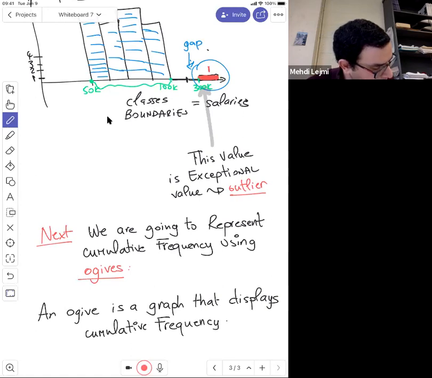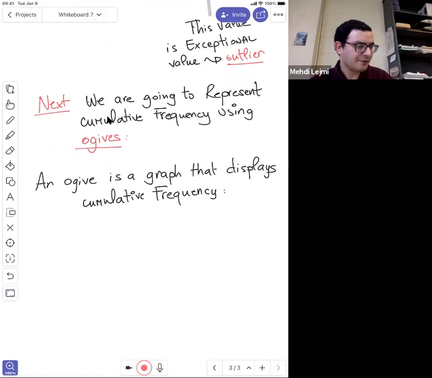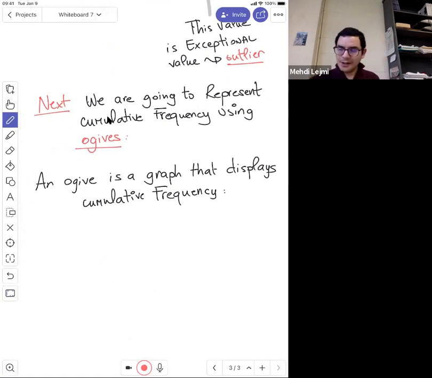Ogives are actually kind of different from histograms. We're going to have 2 axes.